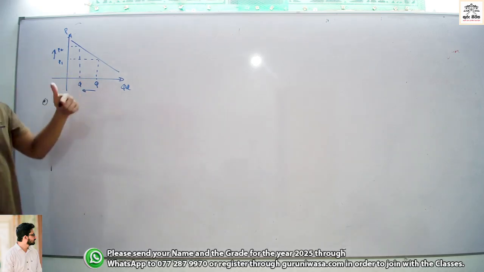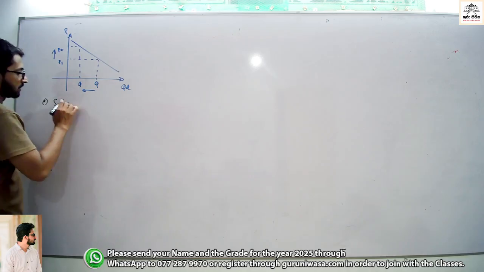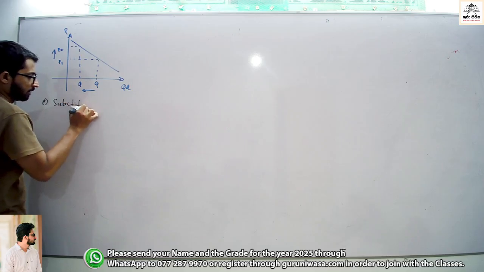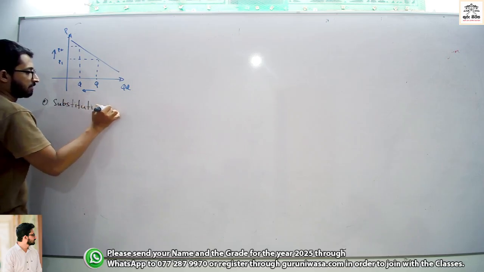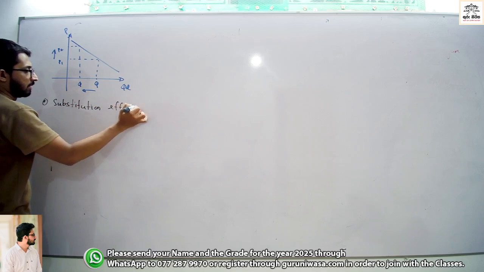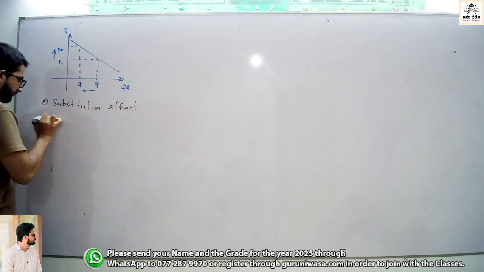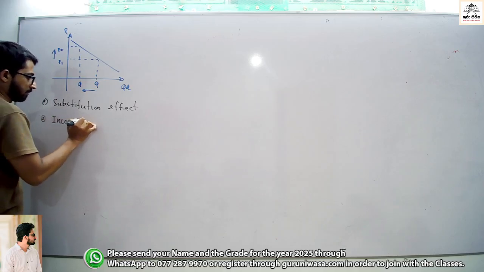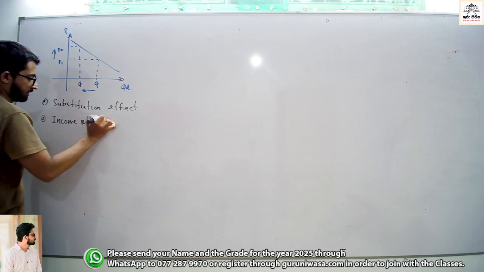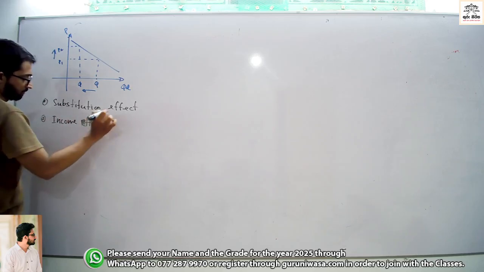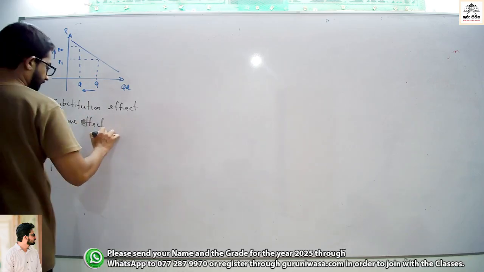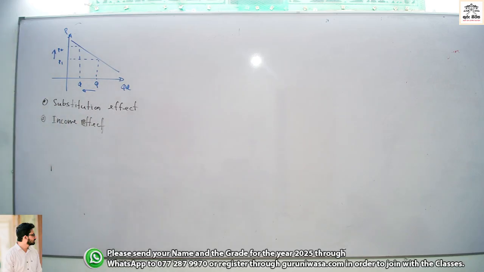It has a negative slope because of the substitution effect and income effect. Right? Okay. Next one.